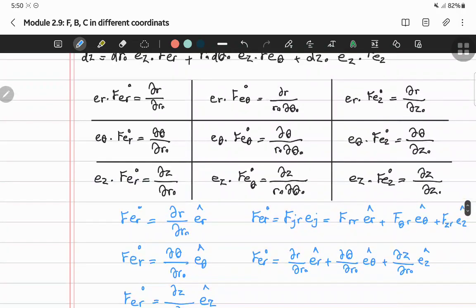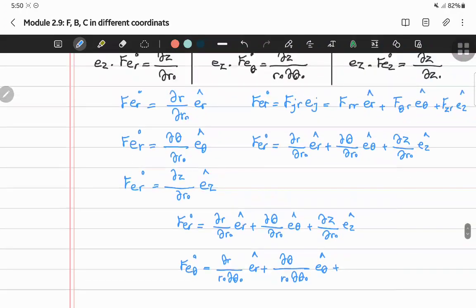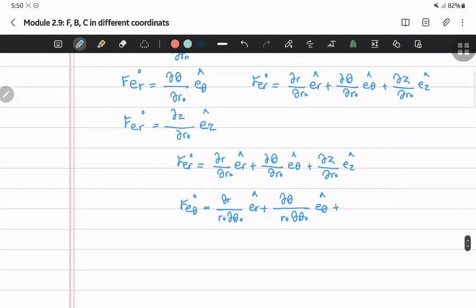This is the first one, and the second one, the partial derivative of theta with respect to theta0, e_theta, plus the third one, the partial derivative of z with respect to theta0, e_z.